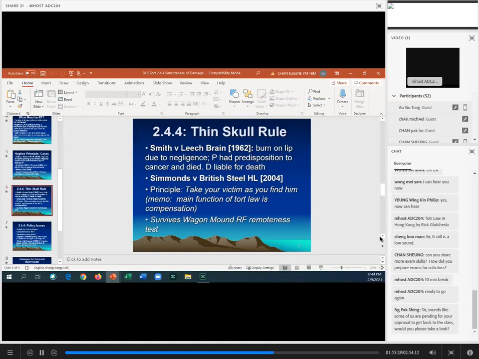Okay, and a more recent case, Simmons v British Steel. The plaintiff warned his employer that his working conditions were dangerous. The employer failed to take remedial action. The plaintiff was then injured in a fall while working, and during his hospitalization, the plaintiff became overwhelmed with anger towards his employer.